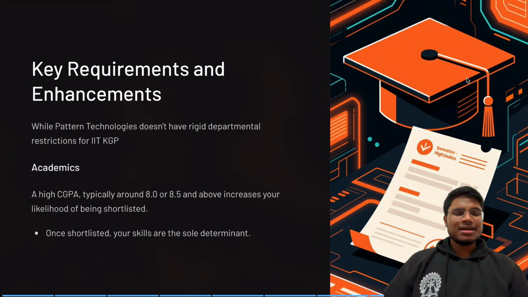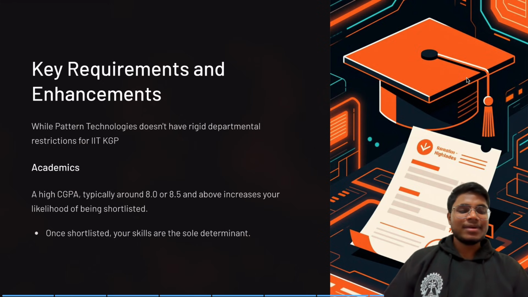Now, for the academic CGPA criteria, I can see most of the people who got shortlisted for the interview at Pattern had 8.5 or more. Most of the people were above 8.5. So yeah, if you have a CG greater than 8.5, that is very good.